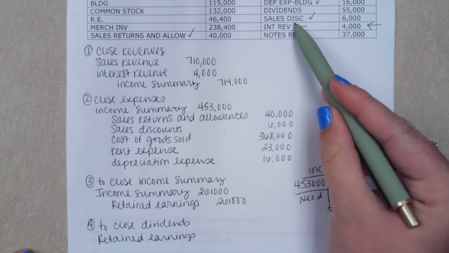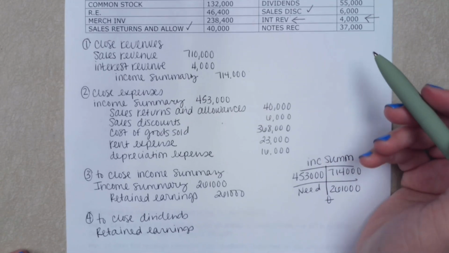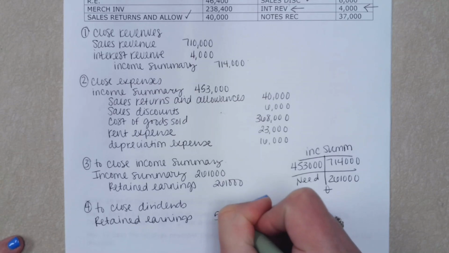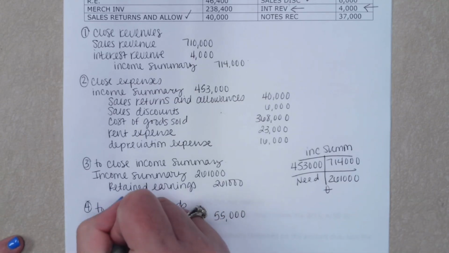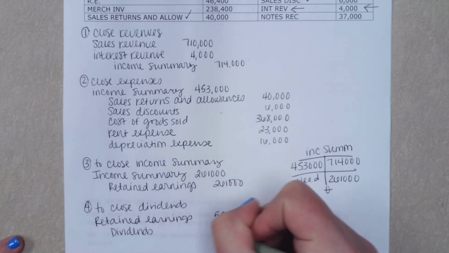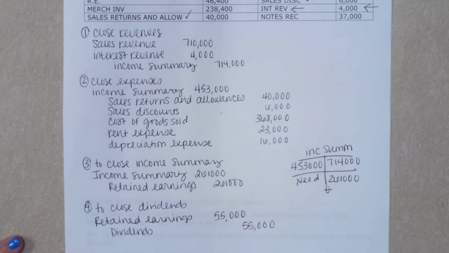We're just coming up here to the top to see that dividends has a balance of $55,000, so that's the amount we're going to use for our entry. So that's it for the video for problem 5-11.